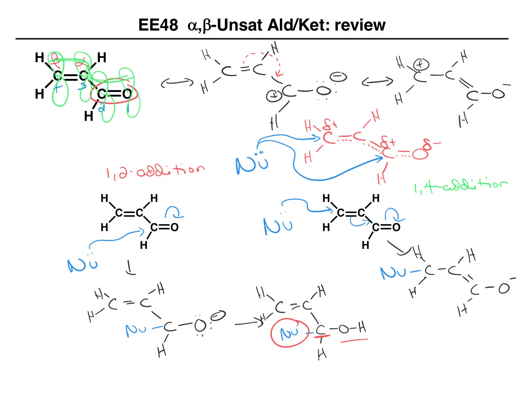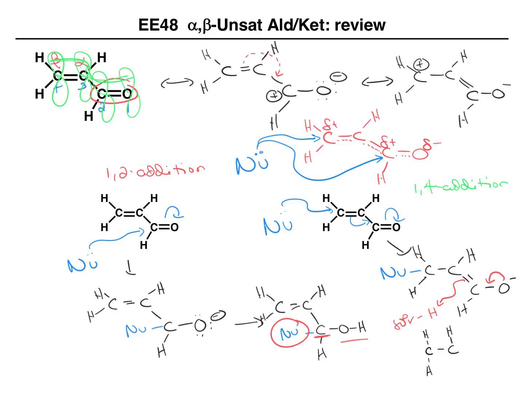Now, when this intermediate grabs a proton from the solvent, rather than the oxygen grabbing it directly, which would give us an enol, instead, these electrons will fold back in here, pushing these electrons to grab an H from the solvent, for example. And what we end up with is something like this.